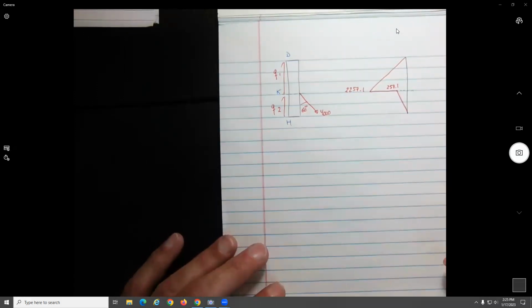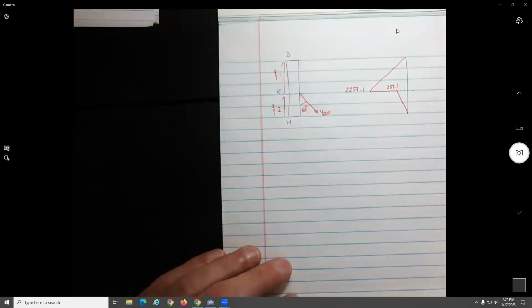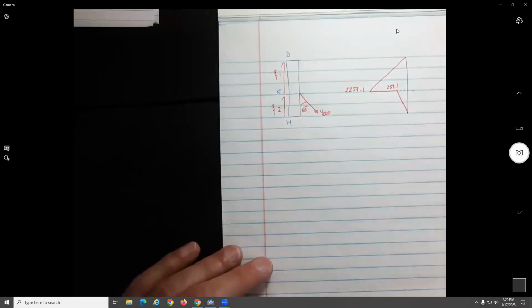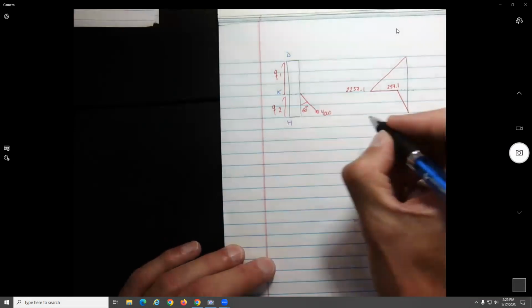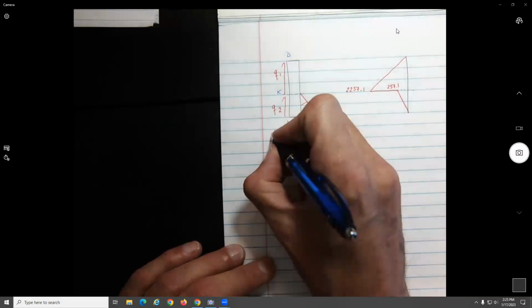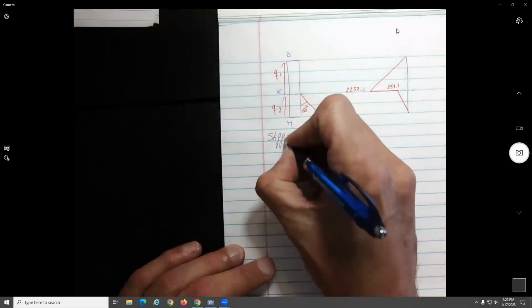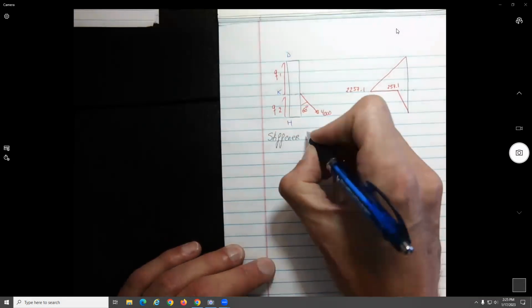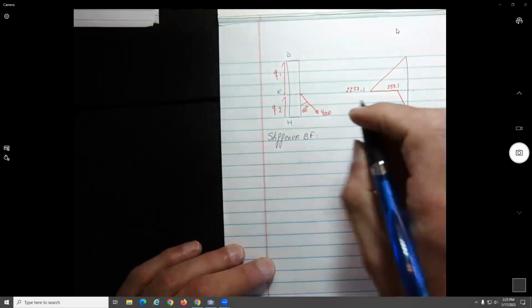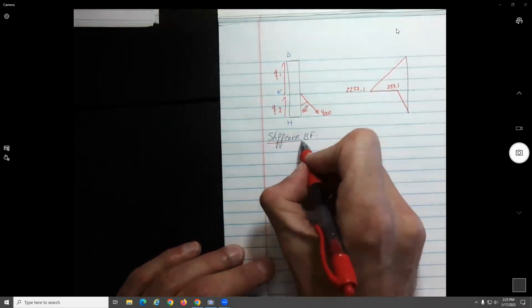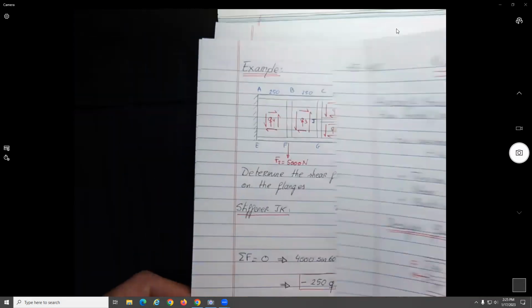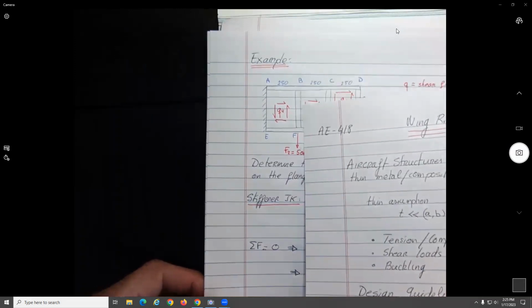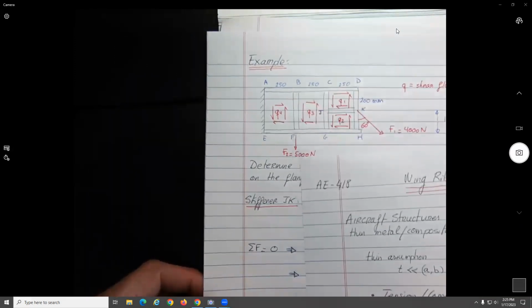Okay, so we're gonna do one more member and then I will give you the result for the other ones. So let's look at the stiffener, the one that goes over here, that has also the load at the end of 5,000.